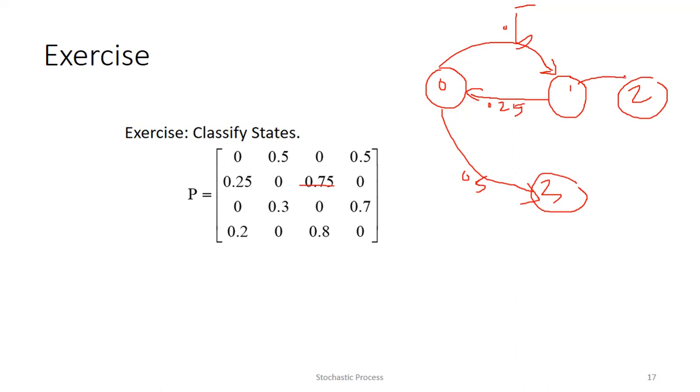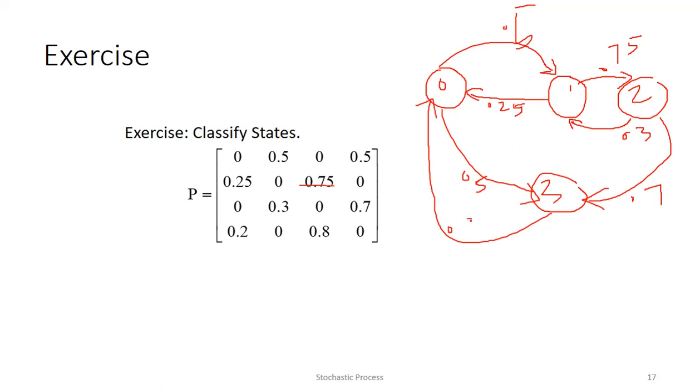Then 2 to 1 is 0.3, and 2 to 3 is 0.7. Then 3 to 0 is 0.2, and 3 to 2 is 0.8.